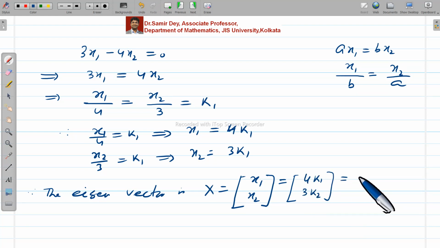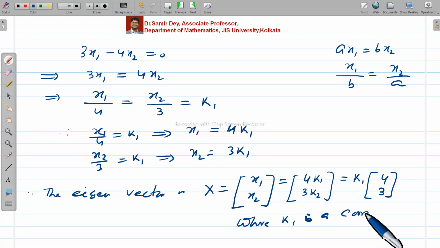You need to take common, k1 is common, it is coming 4 and 3, where k1 is a constant. Please don't forget to mention this, where k1 is a constant. This line is very important. Clear? So this is the process to find the eigenvector for a particular eigenvalue. I think it is clear to all of you.